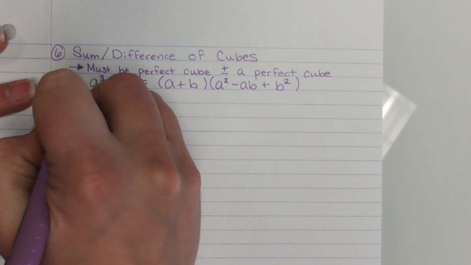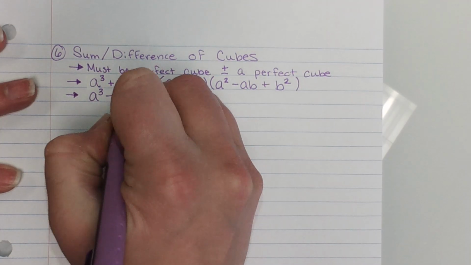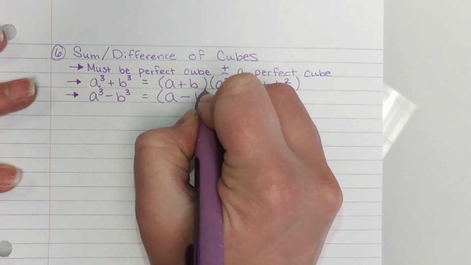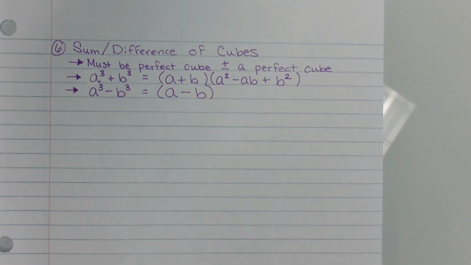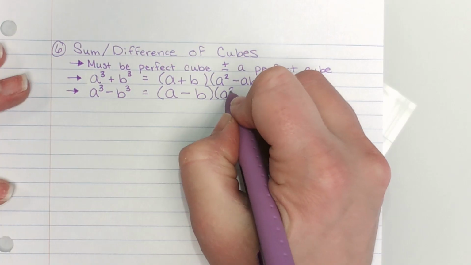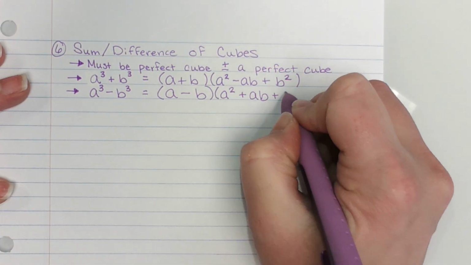The difference of perfect cubes looks very similar. Instead of a plus b in the first parenthesis, it's a minus b. Instead of minus ab, it's plus ab.